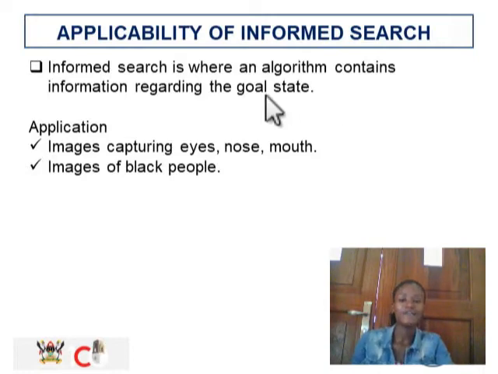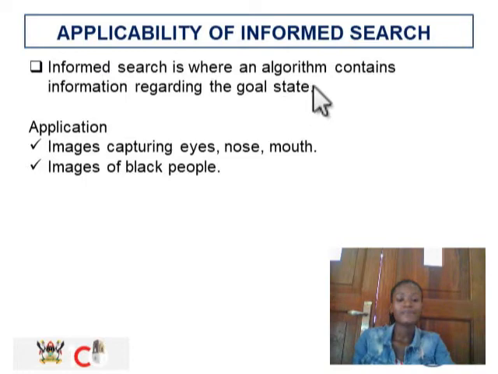The algorithm under informed search is more specific. You are sure of your goal while traversing through the path; you know the goal.